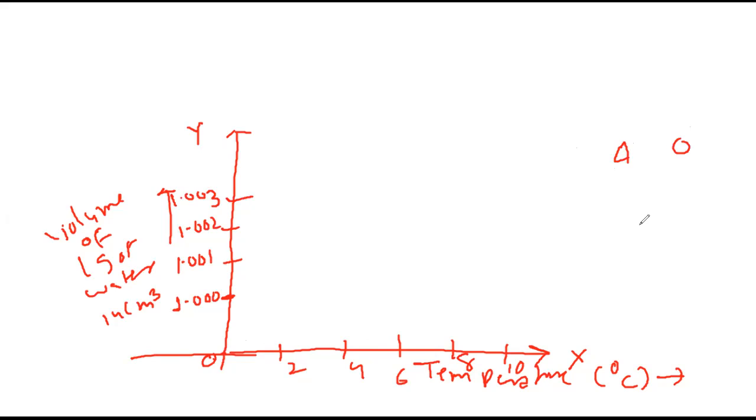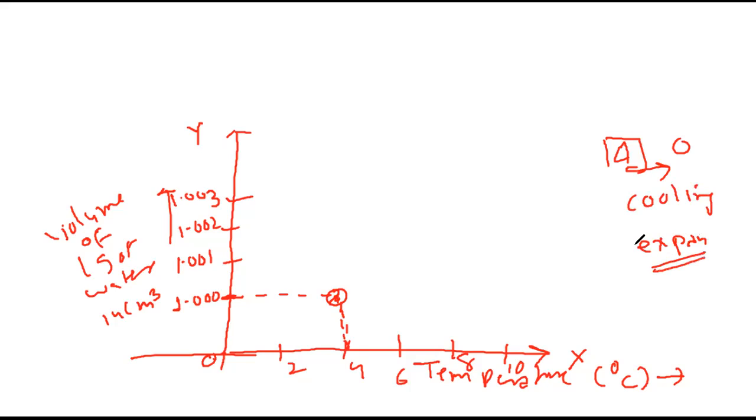So if I go from 4 to 0, what will happen? At 4 the volume is 1, that means this is its actual value. But when I decrease from 4 to 0, will it expand or contract? Contract is the actual behavior, but from 4 to 0, you are cooling, so it will expand. It will give anomalous behavior. Expand means volume will slightly increase.